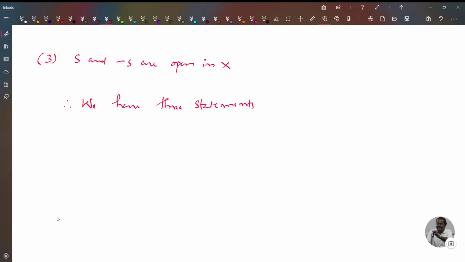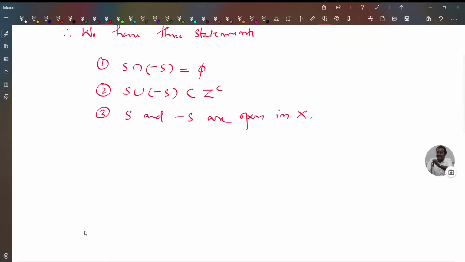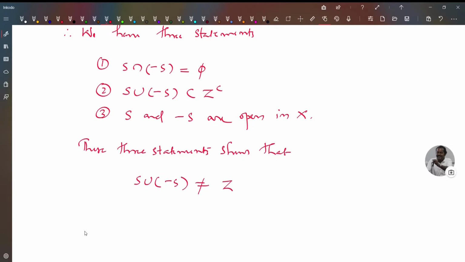One, S intersection minus S is empty. 2, S union minus S is contained in Z complement. And the third statement is S and minus S are open in X. These three statements show that S union minus S not equal to Z complement.